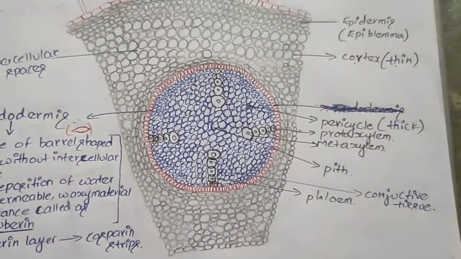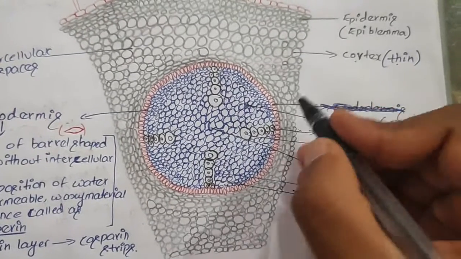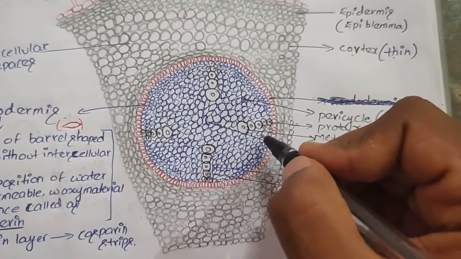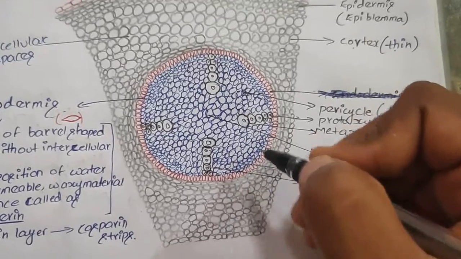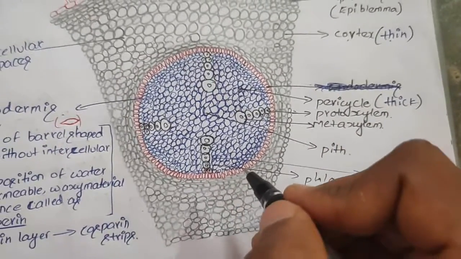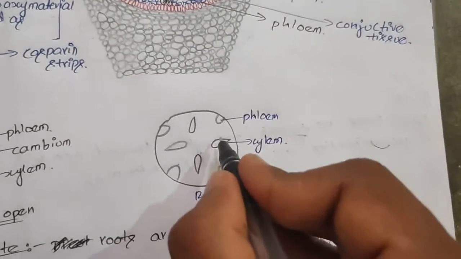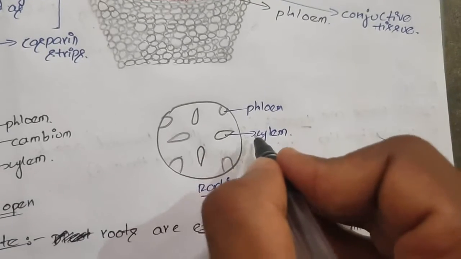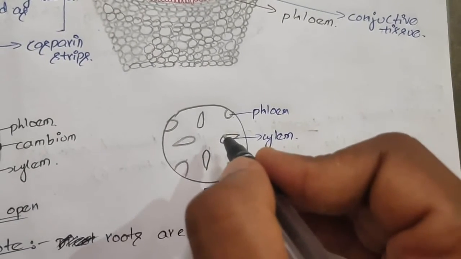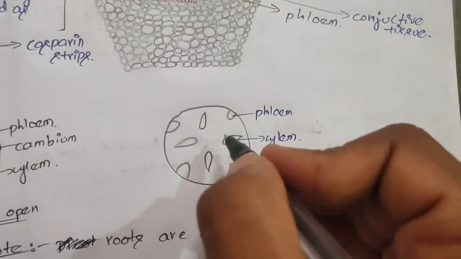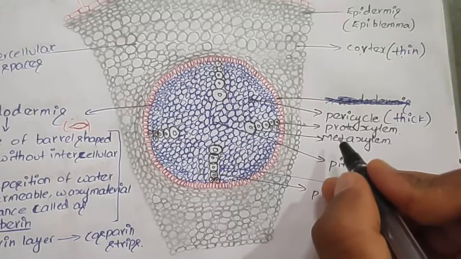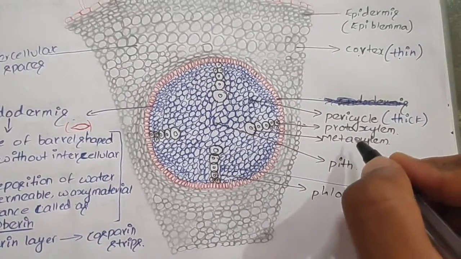In dicot plants, the vascular bundles are very few, and these vascular bundles are of the radial type. Radial means both phloem and xylem are not present on the same radius; they are present on different radii. And the vascular bundles are of the exarch condition.